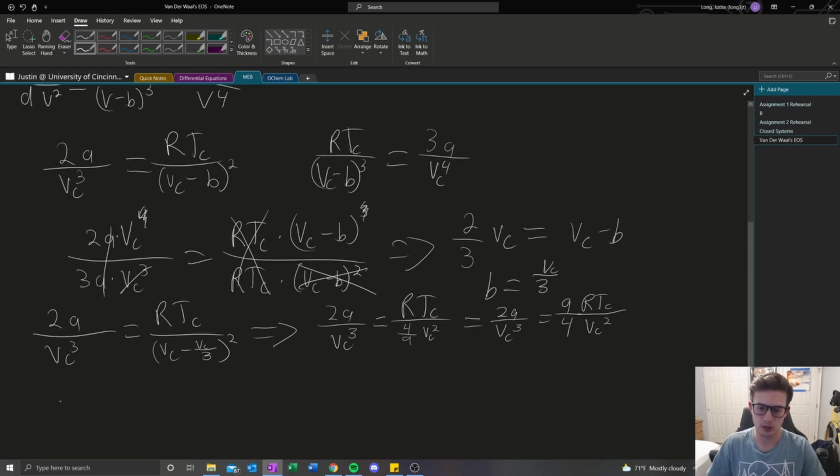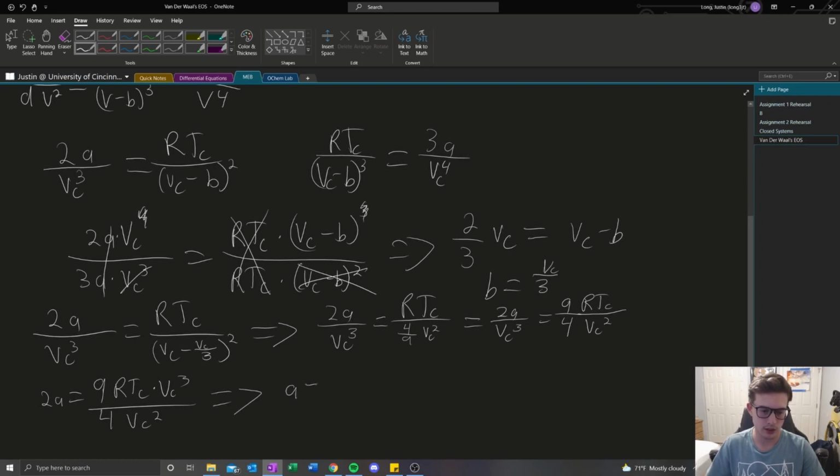So we are going to have 2A equal to 9 times RTC times BC cubed over 4 BC squared. And then I'm just going to go ahead and divide by 2.